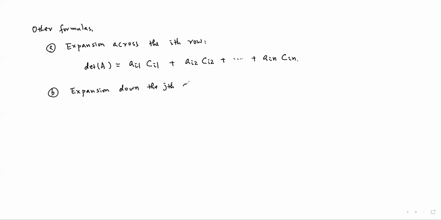Determinant: the first entry in column j is A1j times C1j, plus second entry on column j is A2j times C2j, plus and so on, the last entry is Anj times Cnj.